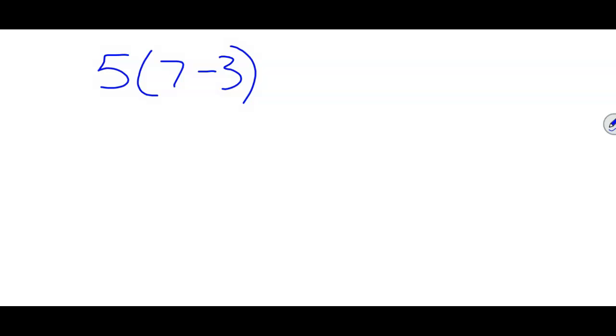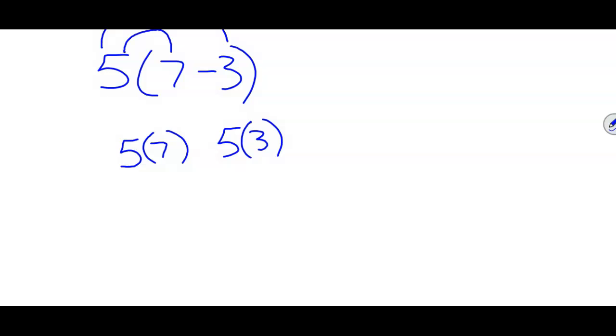Okay, how would we solve this? What are we going to do? Who can help? Alex. Multiply 5 and 7. Good. We're going to multiply the 5 by the 7. So that's 5 times 7. Good, and then multiply the 5 by 3. 5 times 3.